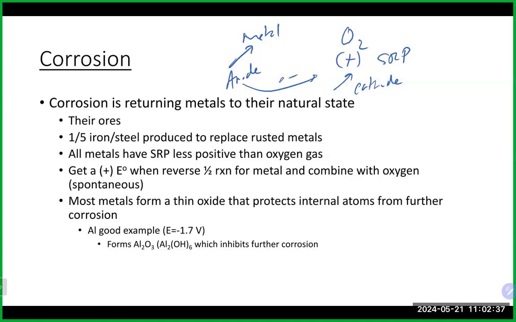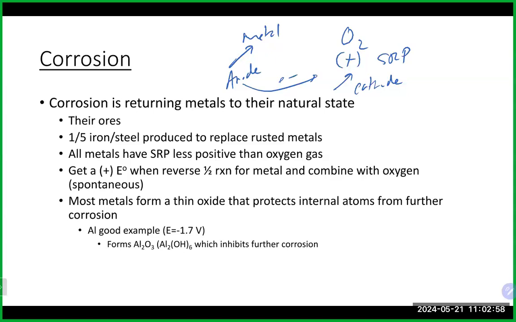That causes the oxidation of your metal, which is the corrosion of your metal. So any metal that has a less positive SRP value than oxygen will go through corrosion. That gives you a spontaneous reaction.